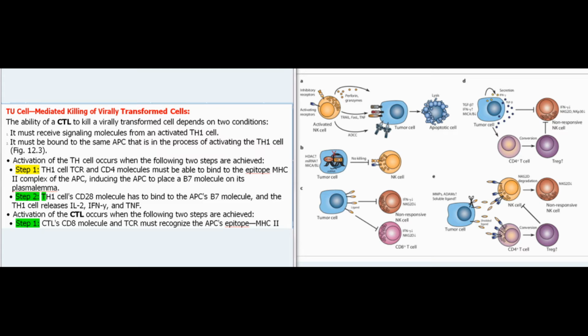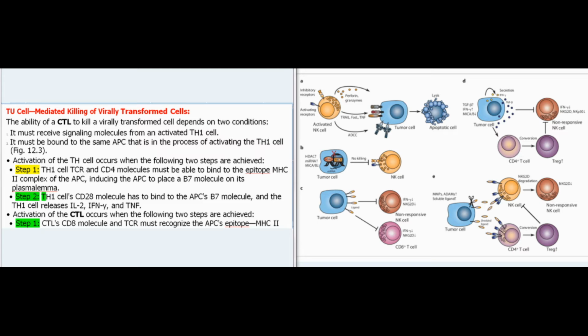Th1 cell TCR and CD4 molecules must be able to bind to the epitope-MHC2 complex of the APC, inducing the APC to place a B7 molecule on its plasmalemma. Step 2. Th1 cell CD28 molecule has to bind to the APC's B7 molecule, and the Th1 cell releases IL-2, IFN-γ, and TNF.